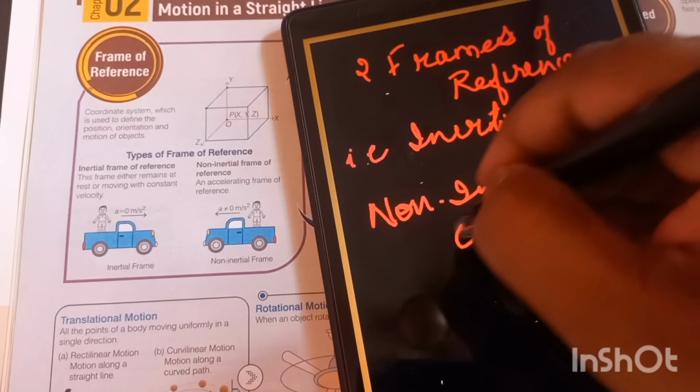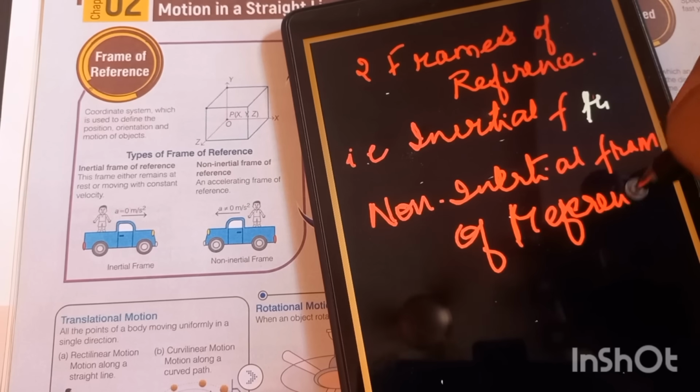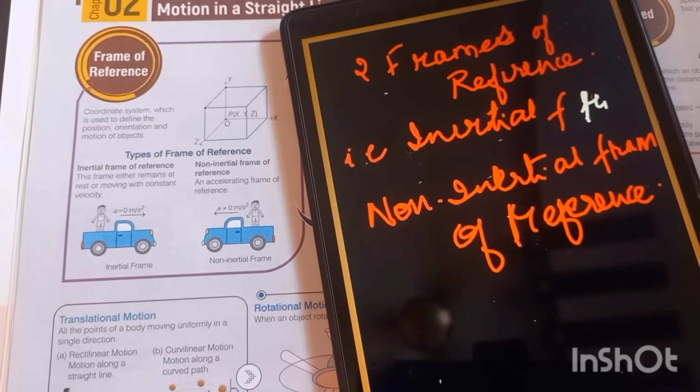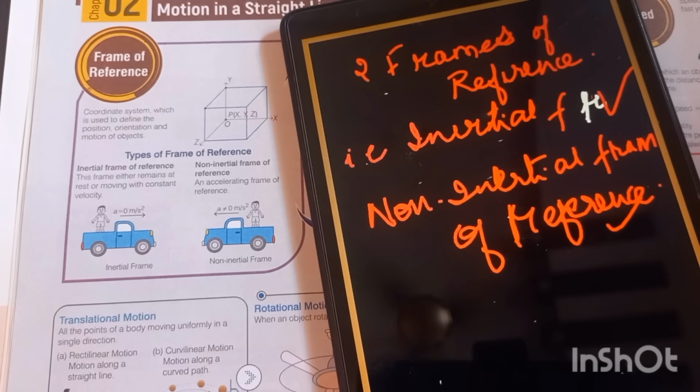Okay, there are two types of frames of reference: inertial frame of reference and non-inertial frame of reference.